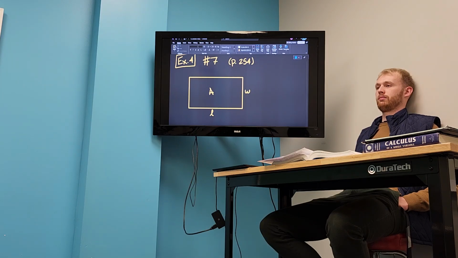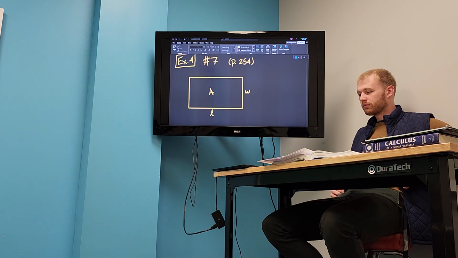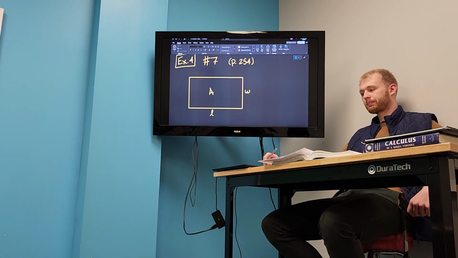Oh wait, no, dL dt is equal to 3, and dW dt is equal to 2. We don't know the dA dt.